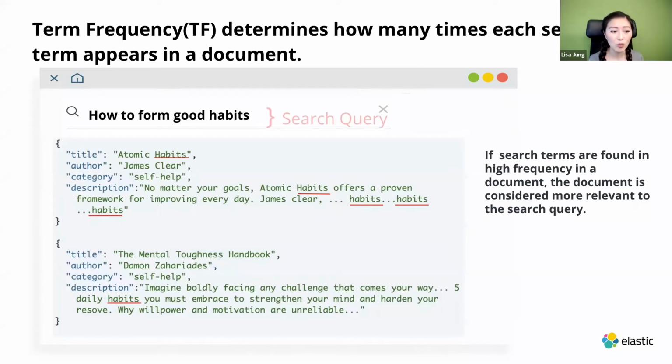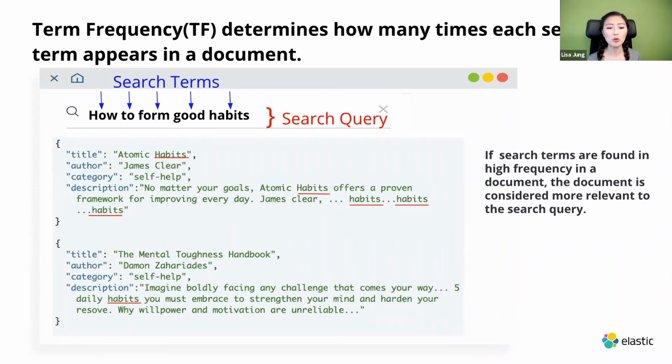Here we have a search query, how to form good habits, and this query is made up of multiple search terms. Elasticsearch will look through the returned documents and calculate how many times each search term appears in a document. This is known as term frequency. So if a document mentions search terms more frequently, Elasticsearch assumes that this document is more relevant to the search query, and it assigns a higher score to the document.